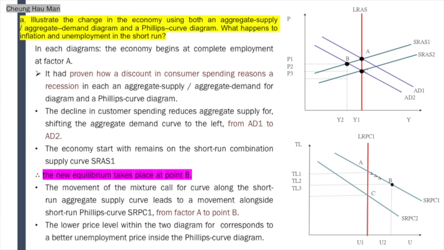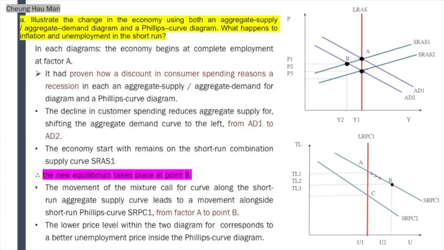The economy starts on the short-run aggregate supply curve SRAS1, so the new equilibrium takes place at point B. The movement of the aggregate demand curve along the short-run aggregate supply curve leads to a movement along short-run Phillips curve SRPC1 from point A to point B.